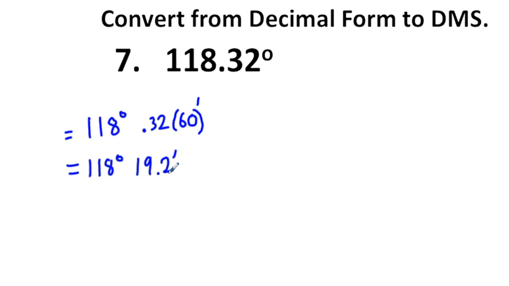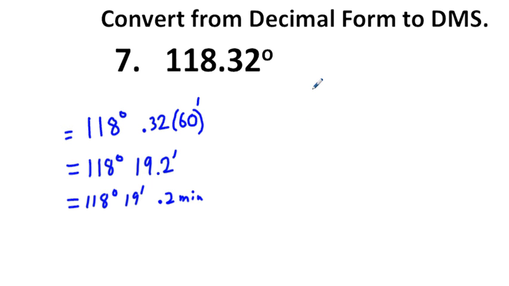And so what we're going to do is rewrite that as 118 degrees, 19 minutes, and these minutes we're going to change, this 0.2 minutes we have remaining, I'll put MIN for minutes here, we're going to convert that to seconds.